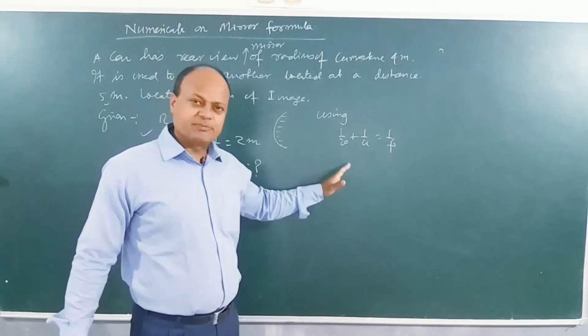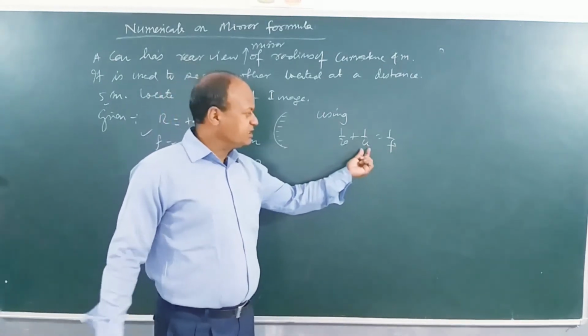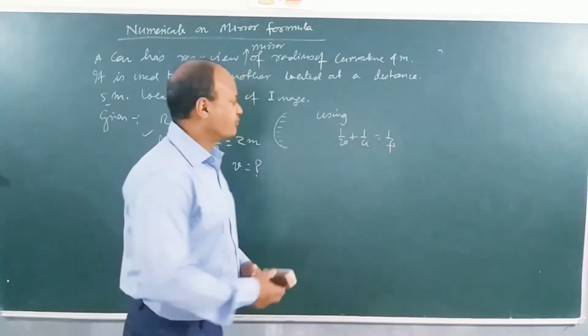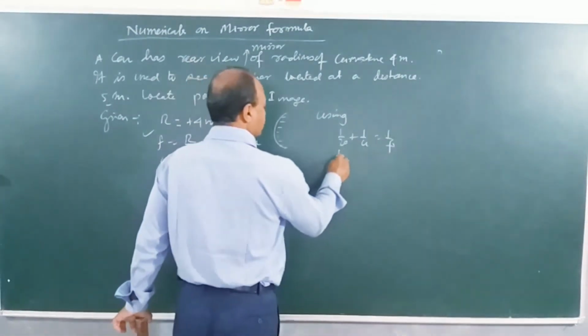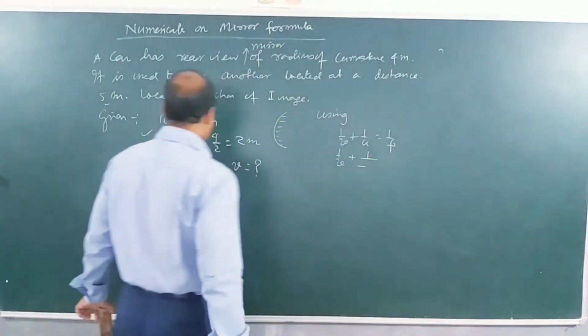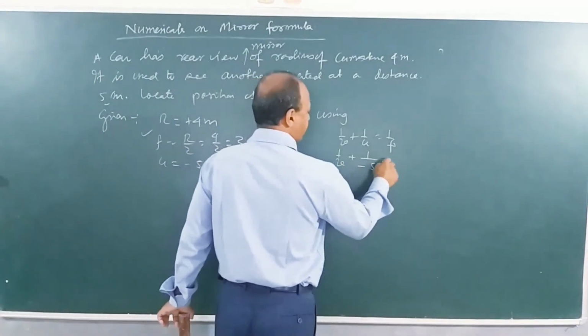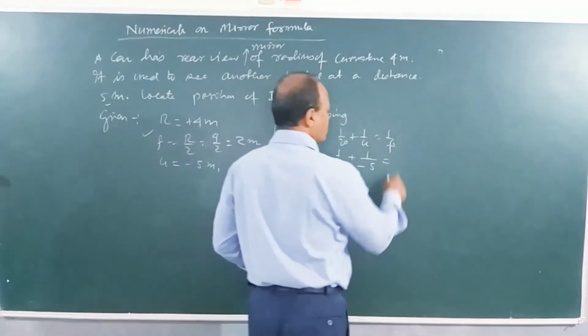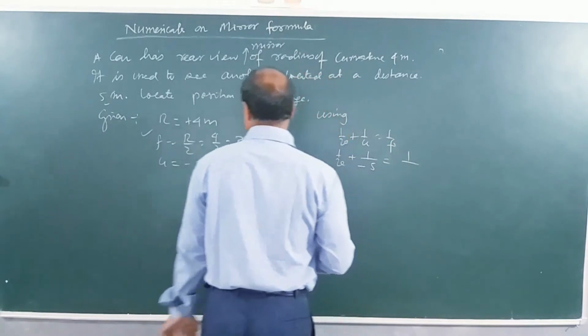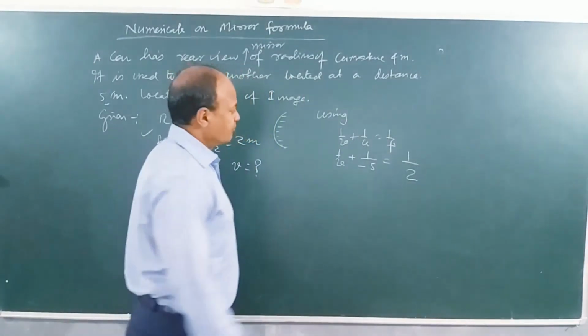I will always take it positive. Whatever the sign of v, it will automatically come. We just insert the values here. 1 by v plus, how much is u? u is minus 5, is equal to 1 by f. How much is f, children? f is 2 meter. So we put the value as 2.